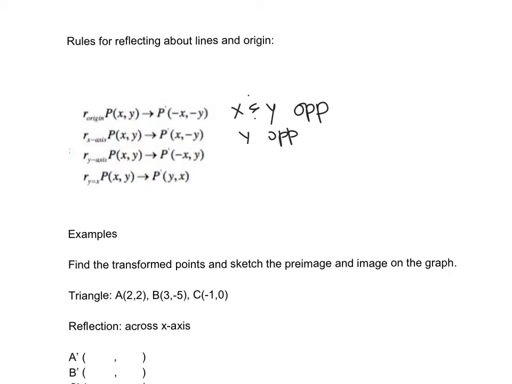When we reflect across the y-axis, X gets its opposite sign. And when we reflect over the line Y equals X, we switch X and Y.